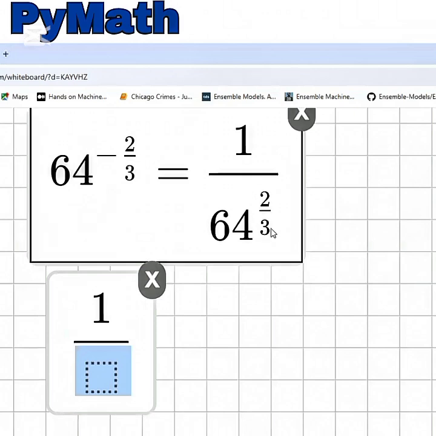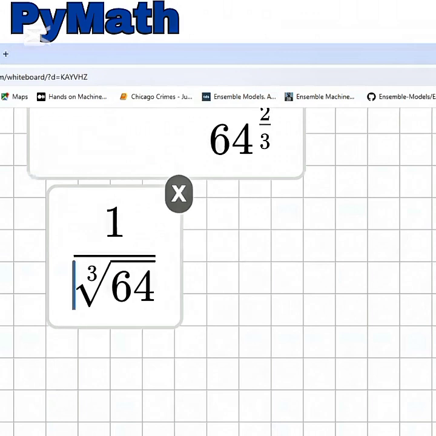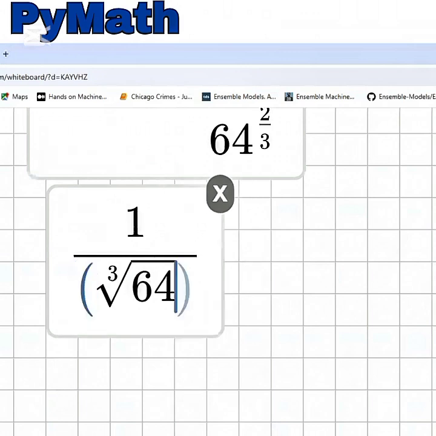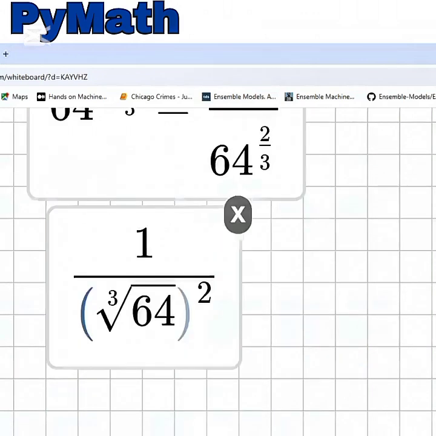This becomes the third root of 64, or the cube root of 64, raised to the power of 2. So we have 1 over the cube root of 64, all raised to the power of 2.